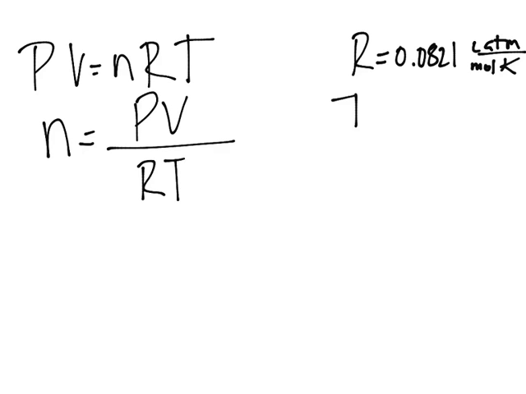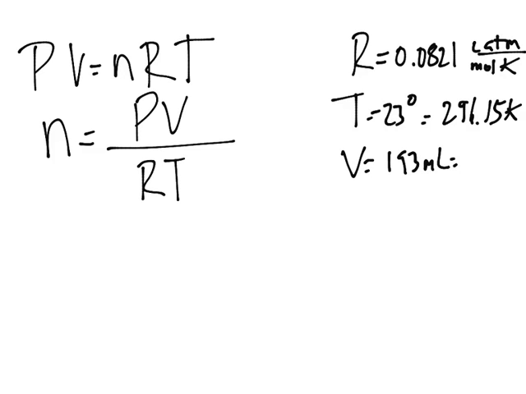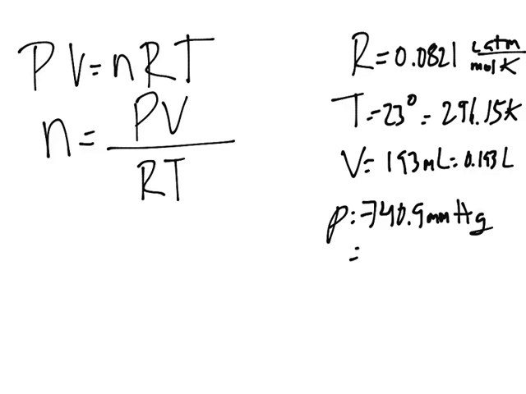The temperature given was 23 degrees Celsius, which is 296.15 Kelvin. So that's done. Our volume was 193 milliliters. You just divide by 1,000 and you get 0.193 liters. That's done now. And finally we obtain the pressure of 740.9 millimeters of mercury, and that is equal to 0.974 atmospheres.